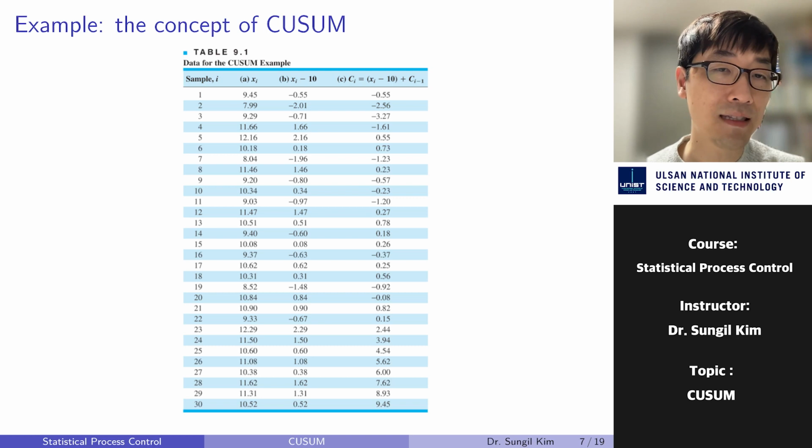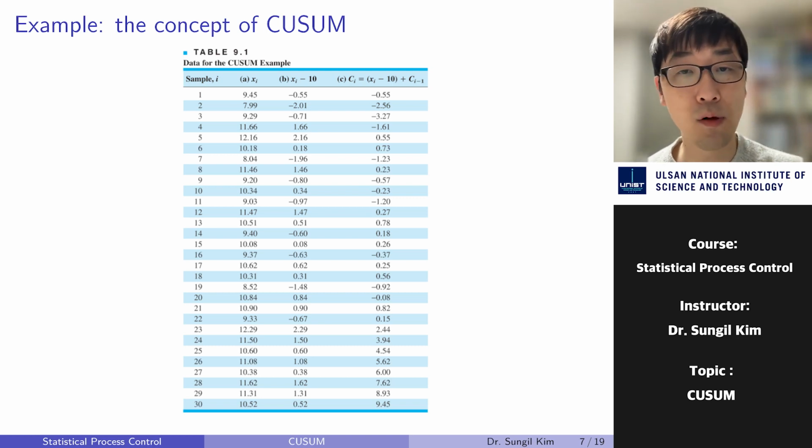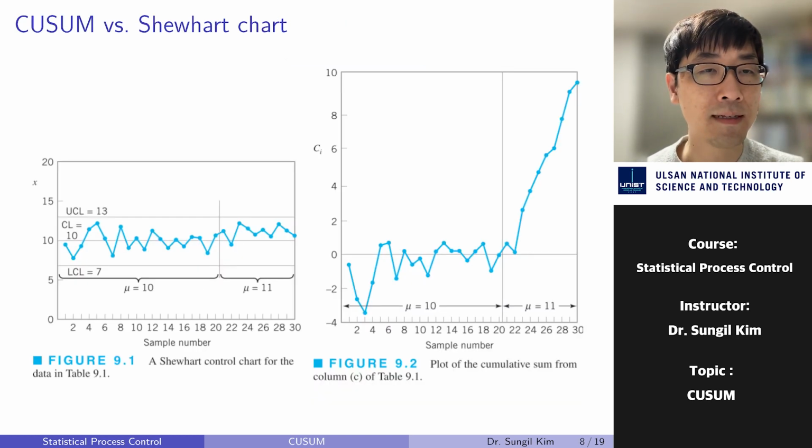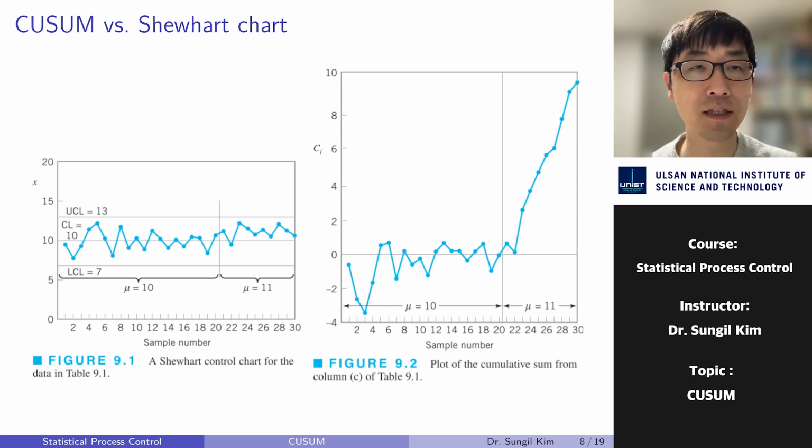We can say this example represents a small mean shift. These two figures compare how differently a Shewhart control chart and QSUM behave. As we can see, the Shewhart control chart cannot detect the mean shift that occurred from the 21st observation, while the QSUM successfully reacts to the mean shift.